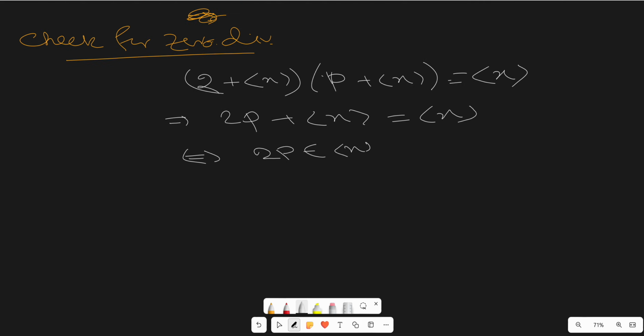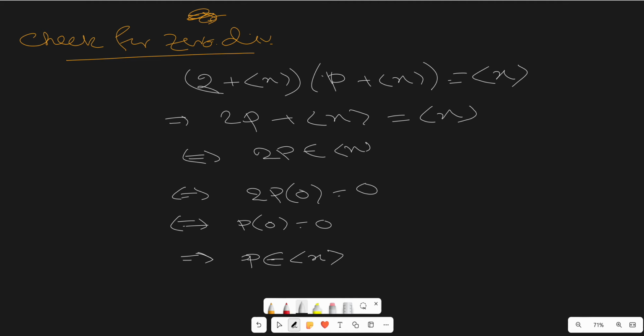What does it mean? By a similar argument, 2p(0) is 0 if and only if p(0) is 0. This implies that p(0) is 0. That means p is inside the ideal generated by x.